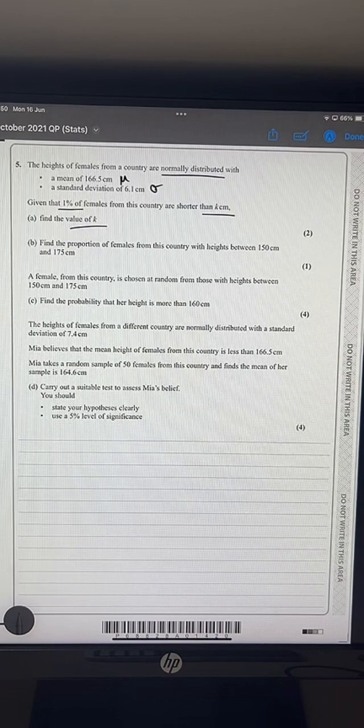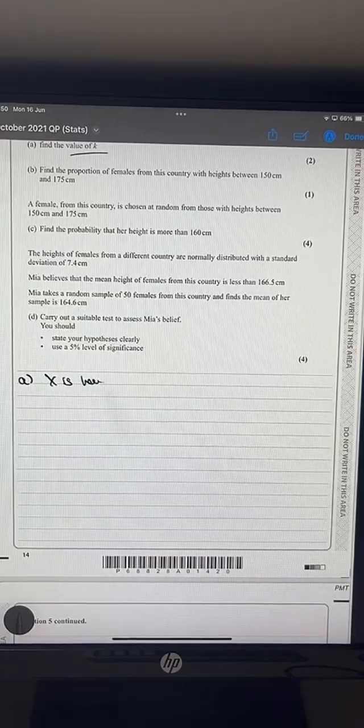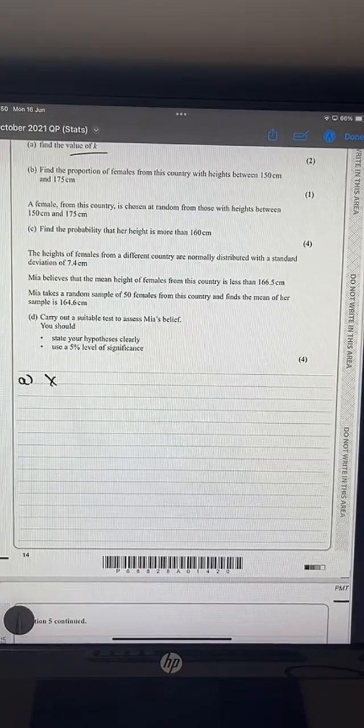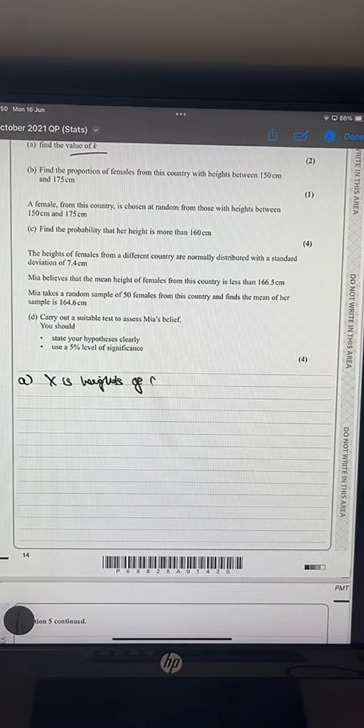Because you're given the area or the probability. So I'm going to first define my test statistic. So X is heights of females.